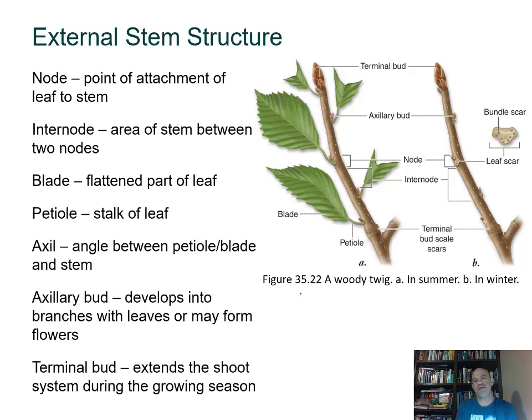Looking at the stem here, we have a summer twig or young branch or stem. And then we have one in winter for a deciduous tree that typically drops its branches. We'll focus here on the summer twig, but I mentioned briefly the winter one.